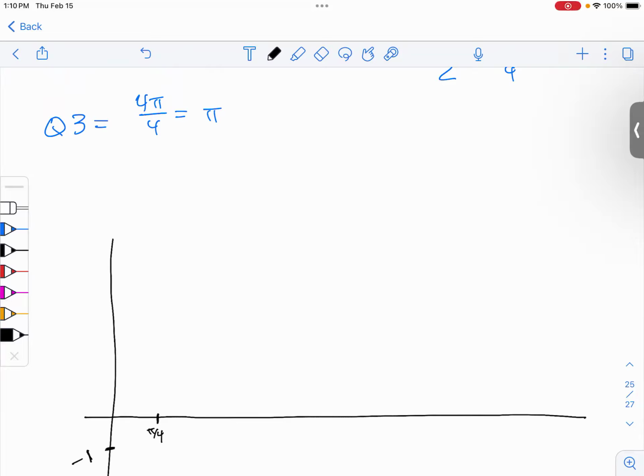I mean, that's true for all of them. The first period of cosine though looks like what? Like a W, or even a U, really. Okay, so that means our first point actually starts at the peak.